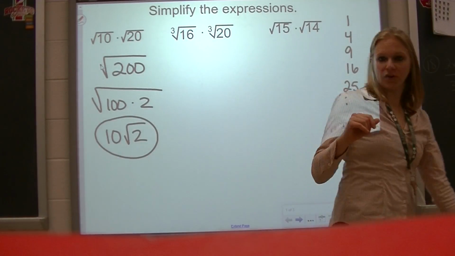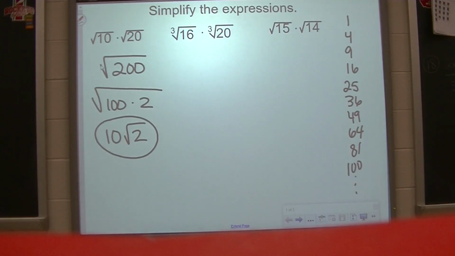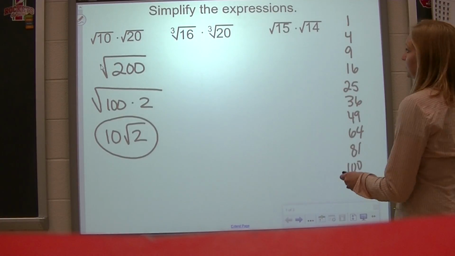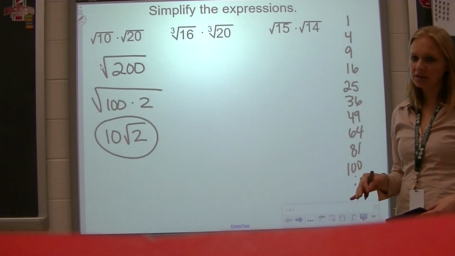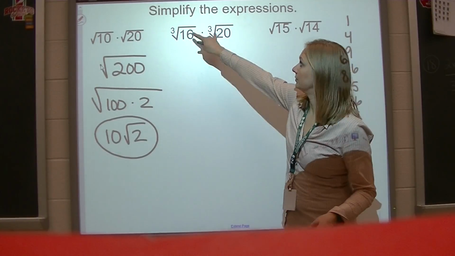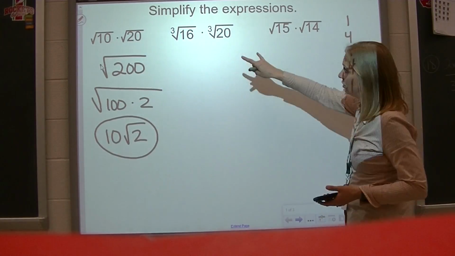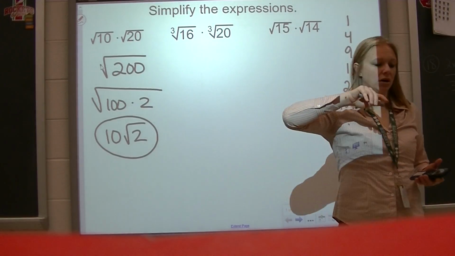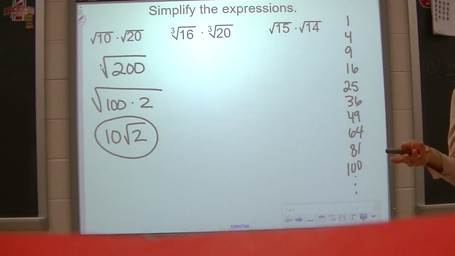Now, as far as cube roots go, again, those are both cube roots, so we can multiply them together. If it was the cube root of 16 times the square root of 20, we couldn't do that because these aren't the same radical. These are. Again, because it's a cube root, now we need to know our perfect cubes.